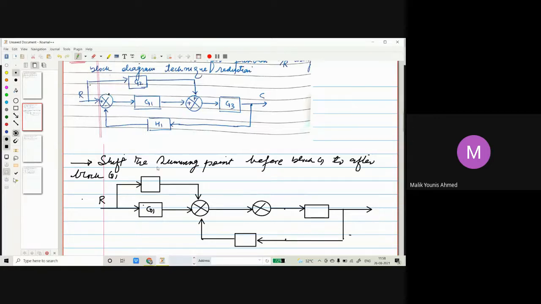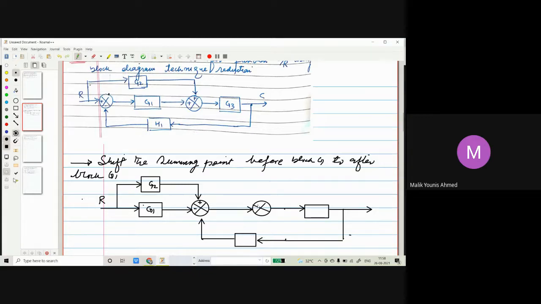Now you can see here, this is R, and this is G1, and this is your G2 as usual. We are not changing anything. This summing point we have moved here after the block G1. So signal should be plus minus. So that is plus on the top and minus here. So this is intact.